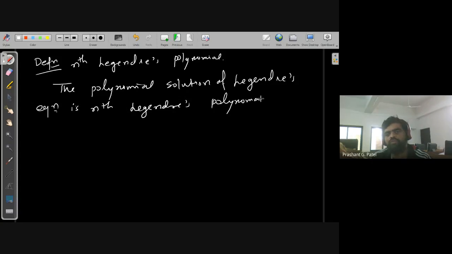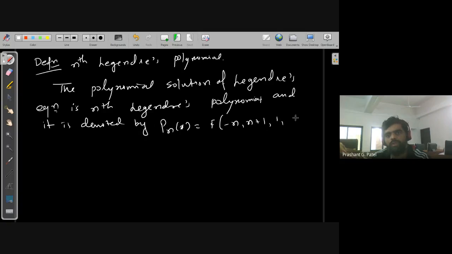Whatever solution we got as a polynomial for the Legendre equation is called the Legendre polynomial, and it is denoted by Pn of x is equal to F of (minus n, n plus 1, 1, (1 minus x) by 2).